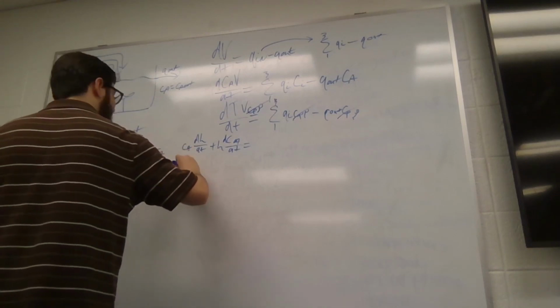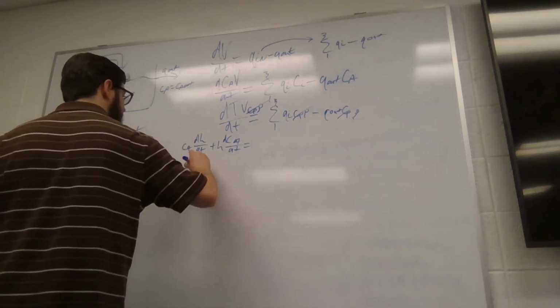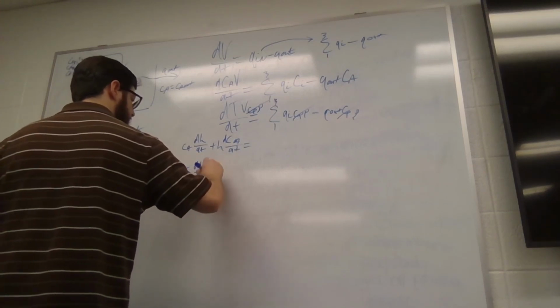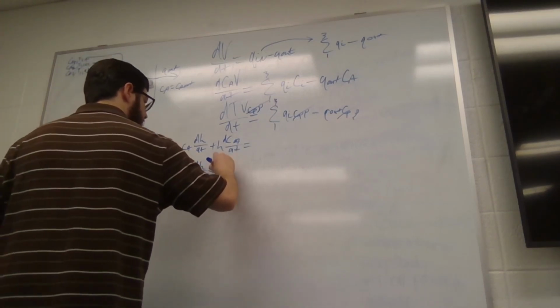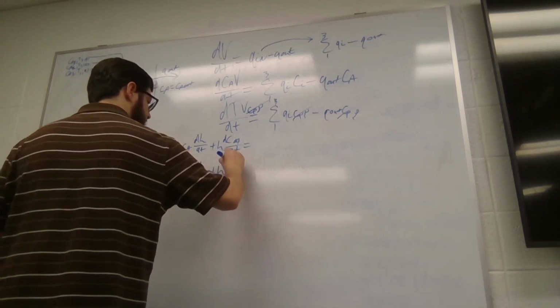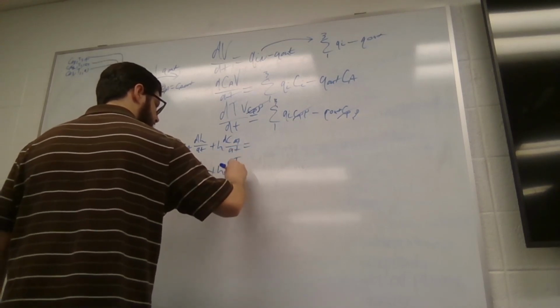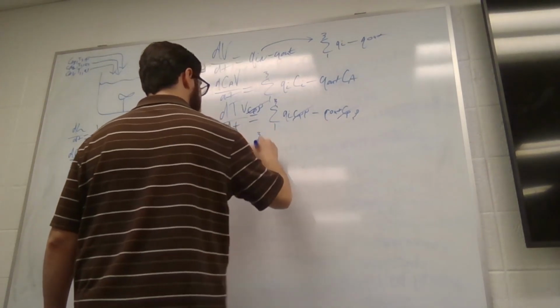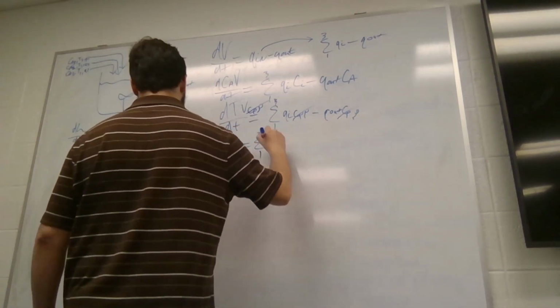And then we have temperature times the change in height plus height times the change in temperature. And of course we sum Qs from 1 to 3.